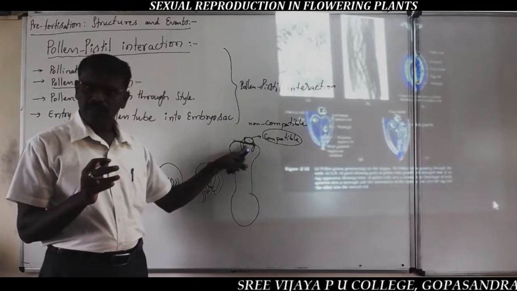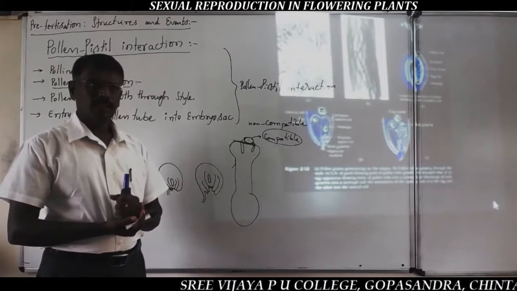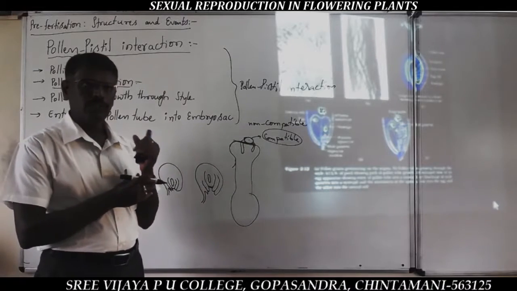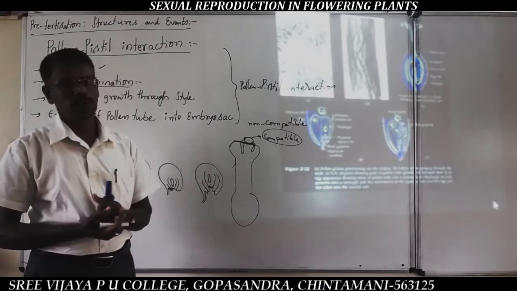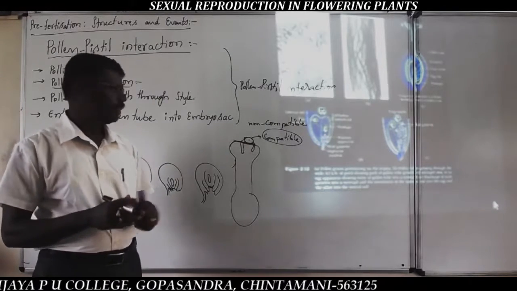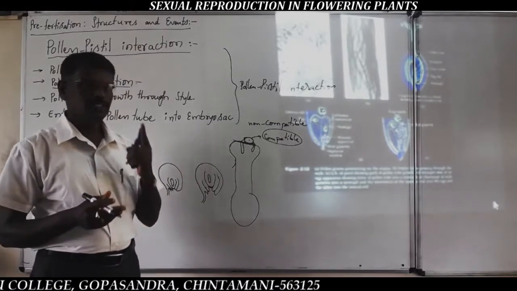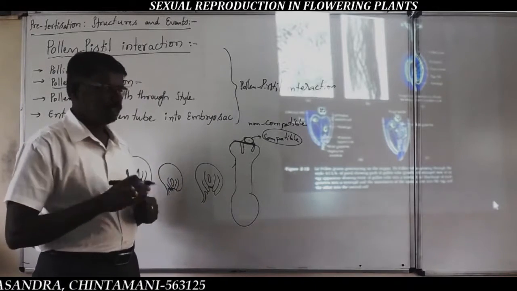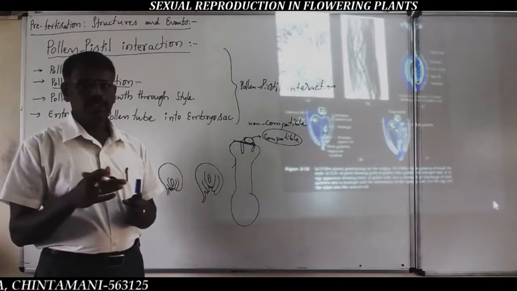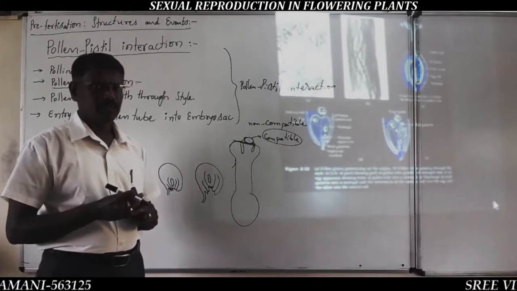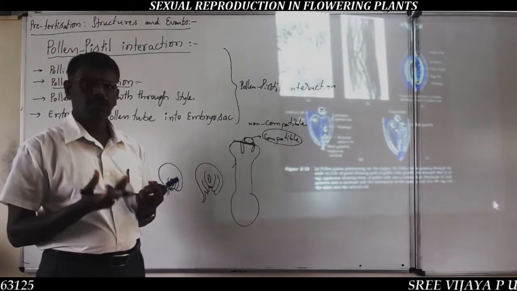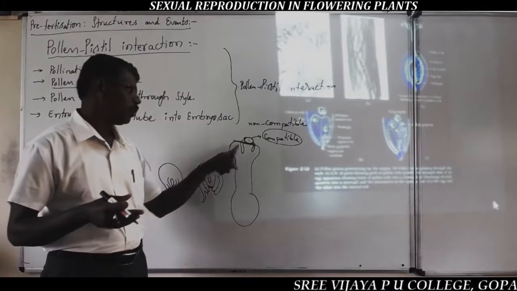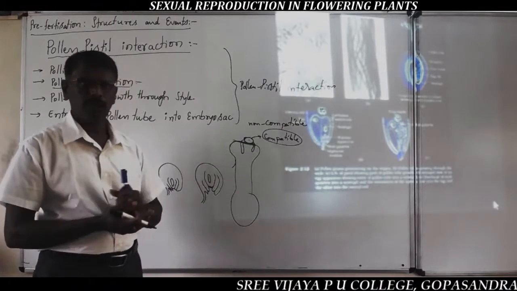At the time of pollen germination, either one pollen tube or many pollen tubes may emerge from a pollen grain. In most cases, the pollen grain emerges with a single pollen tube from its germ pore. In extraordinary cases, a pollen grain may emerge with many tubes, like 5, 3, 10 or 14, from a single pollen grain.